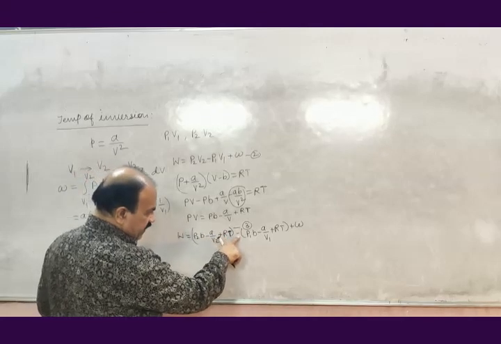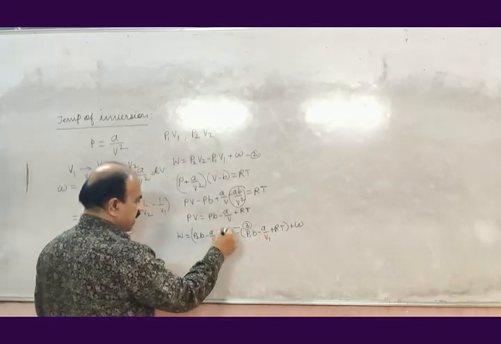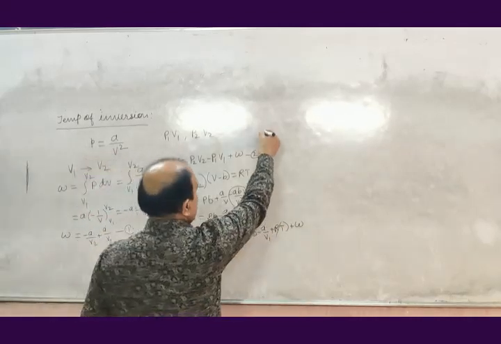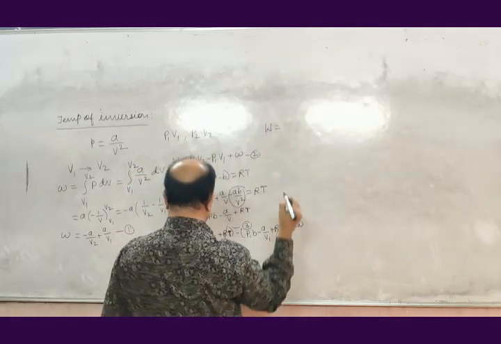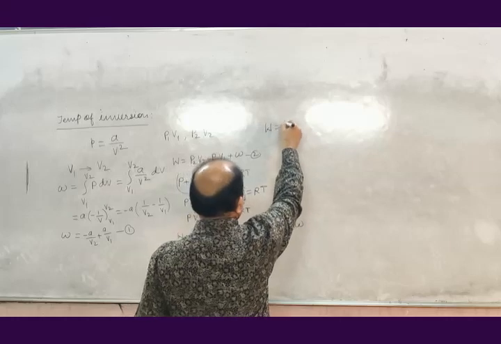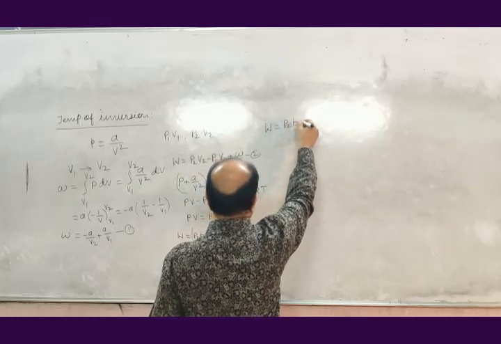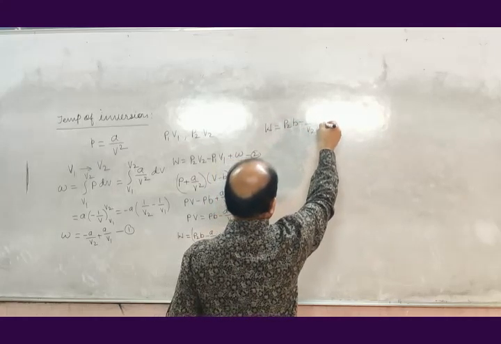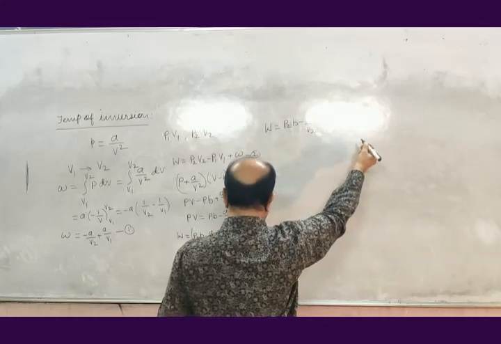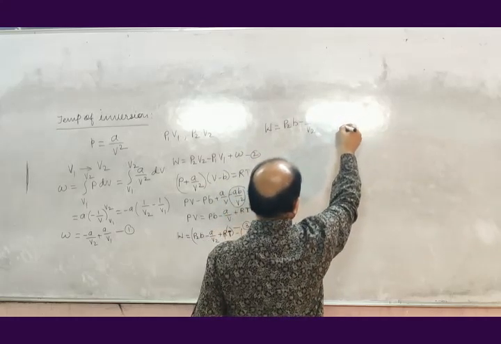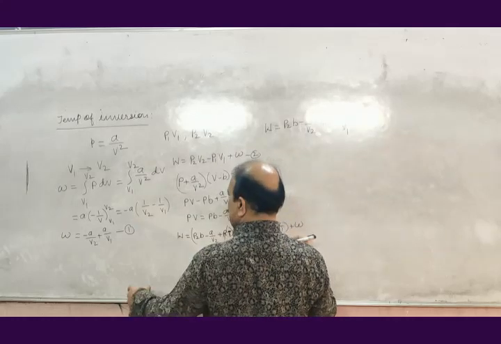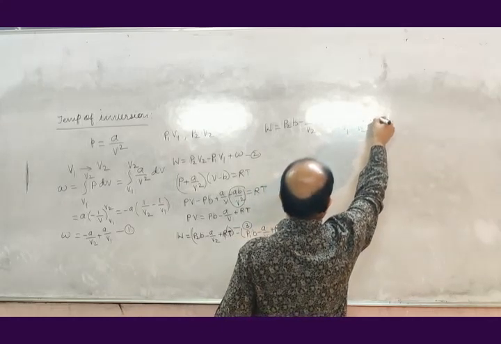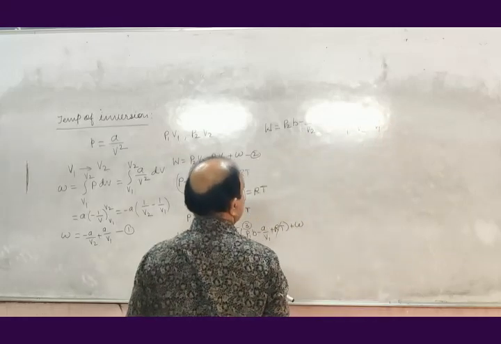Because of this minus, this will become minus RT, plus RT minus RT get cancelled, and capital W will be equal to P2B minus A by V2 minus P1B plus A by V1, plus small w, which is minus A by V2 plus A by V1.